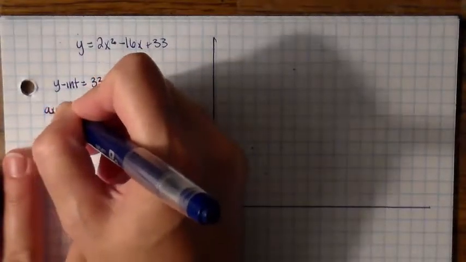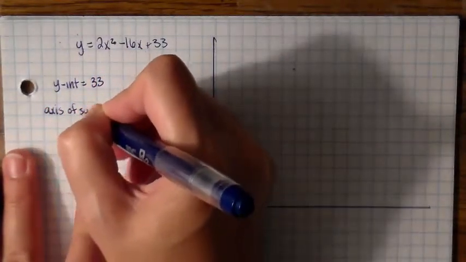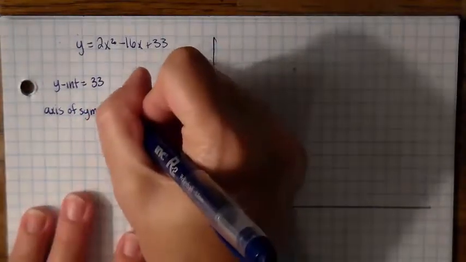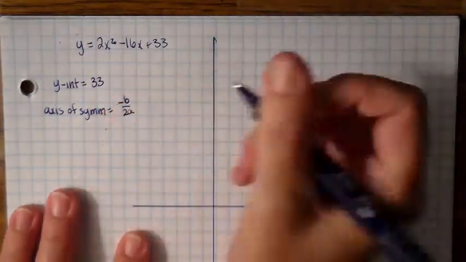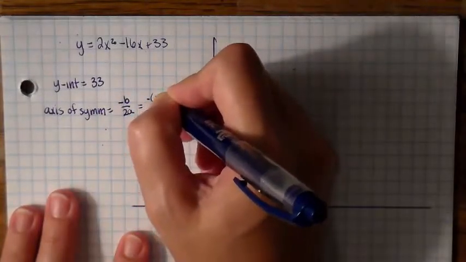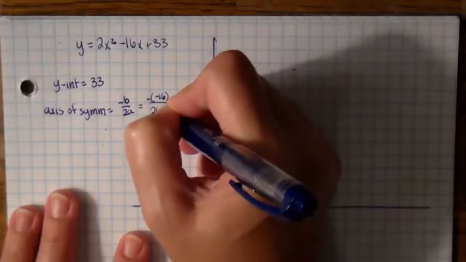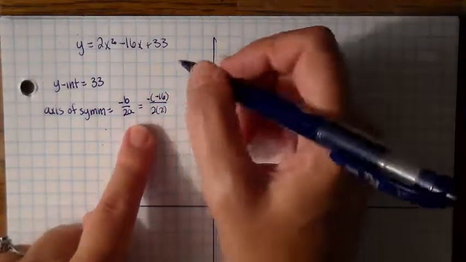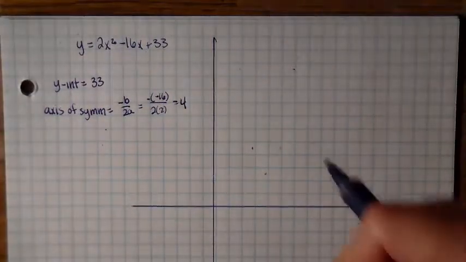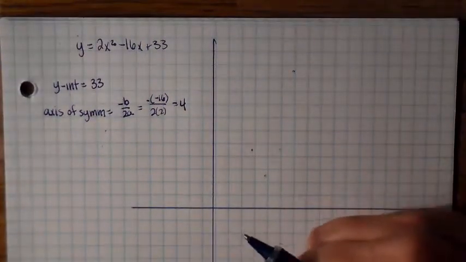My axis of symmetry is going to be negative b over 2a. So I'm going to have negative 16 over 2 times 2. So that's positive 16 over 4. So that's 4. So I'm going to draw my axis of symmetry on 4.